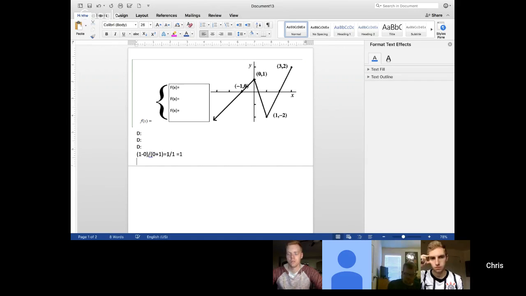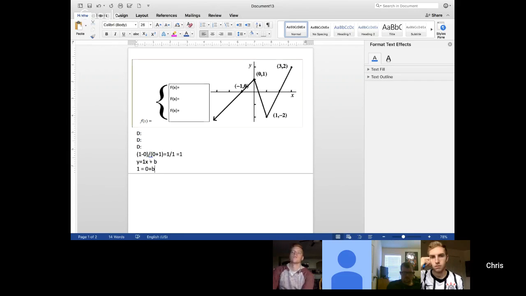Okay. So we have y equals 1x plus b. We don't know what b is, so we can plug in a point for that. I'm going to use the top one right here. So that would be 1 equals 0 plus b.